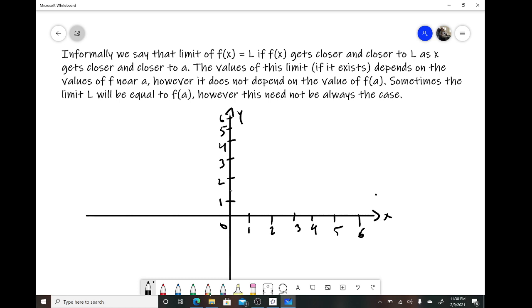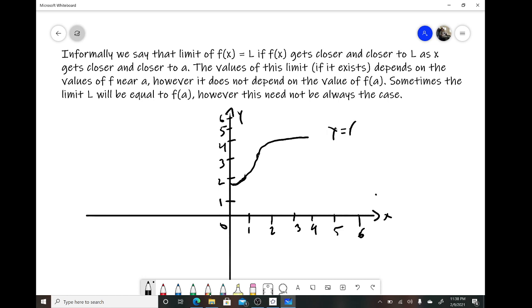So we have the following function. We have a function that kind of looks like this. At 1 it is 2. At 2, it goes through 3, and then it kind of eases up.